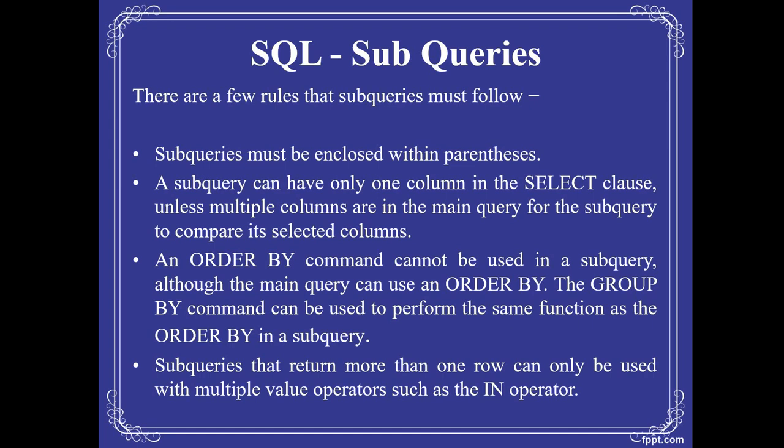So normally we will have only one column in the inner query. If we have multiple columns in the main query for the subquery to compare, then we can have more than one column. And the order by command cannot be used in a subquery.